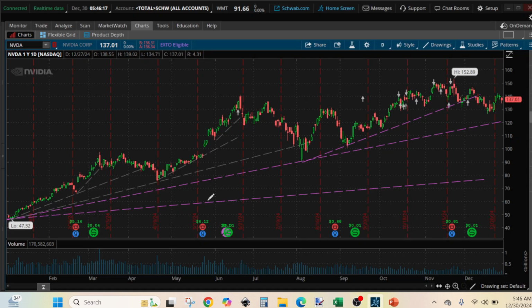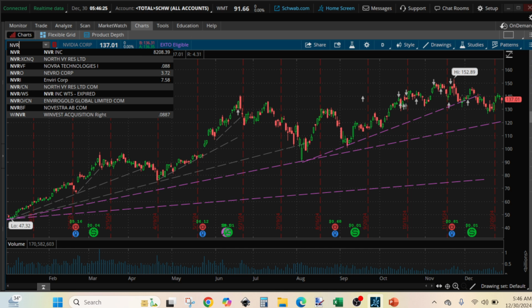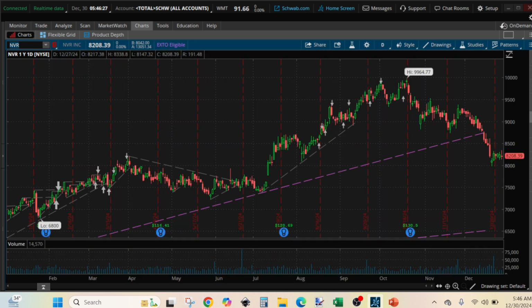NVR. Did you see how for some of them, even when they are up high they can go back down, like two pullbacks, multiple pullbacks. It is a daily chart, so a single price bar is a daily bar.